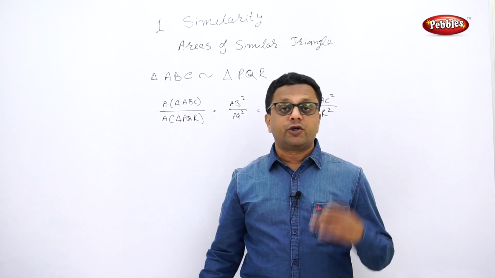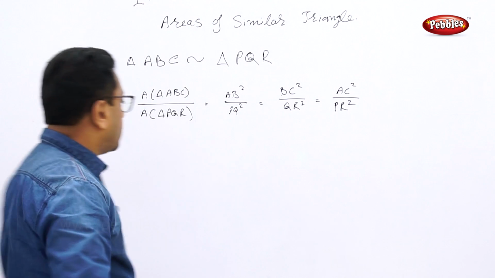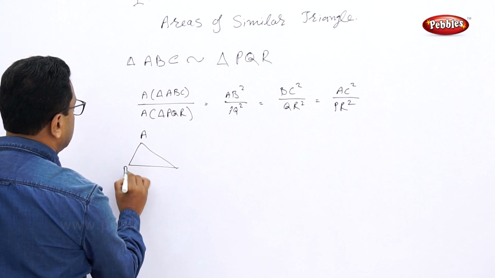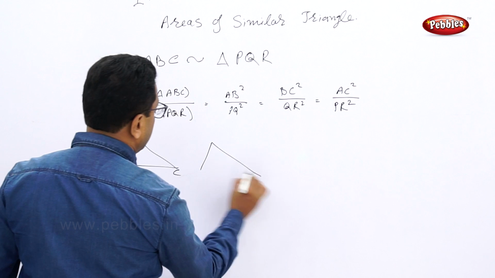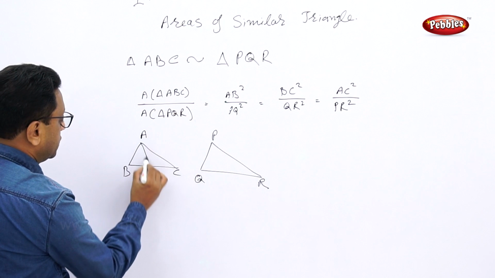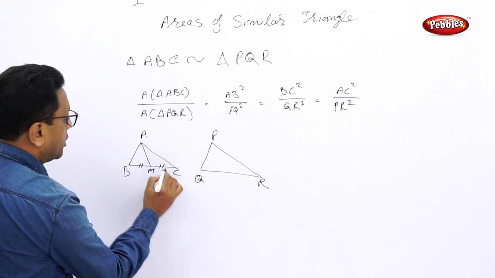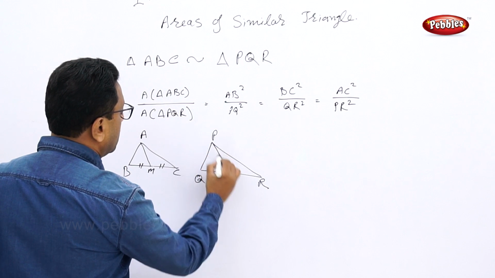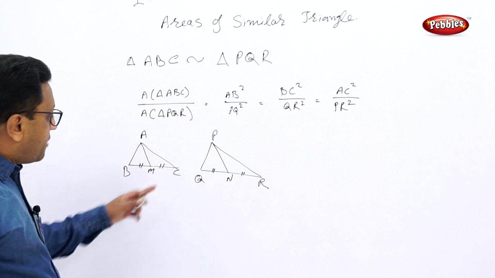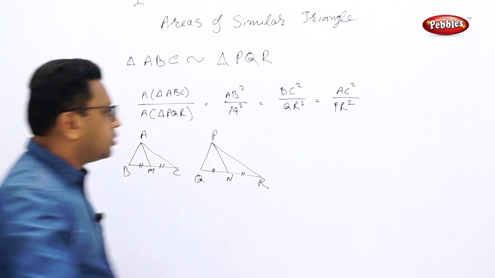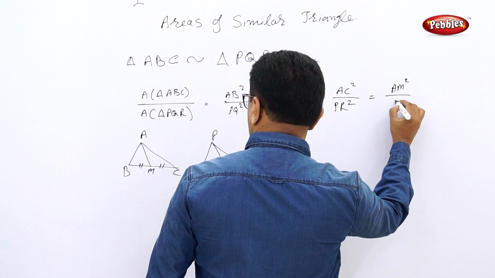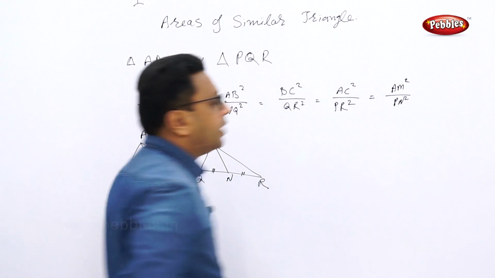Now based on this, like we proved that the ratio of the sides is equal to the ratio of heights, let me show you one thing. Suppose this is triangle ABC and this is triangle PQR. Now suppose this is the median M, and for this it is N. Suppose AM and PN are the medians, then I can also say that this ratio of areas is equal to AM square upon PN square.